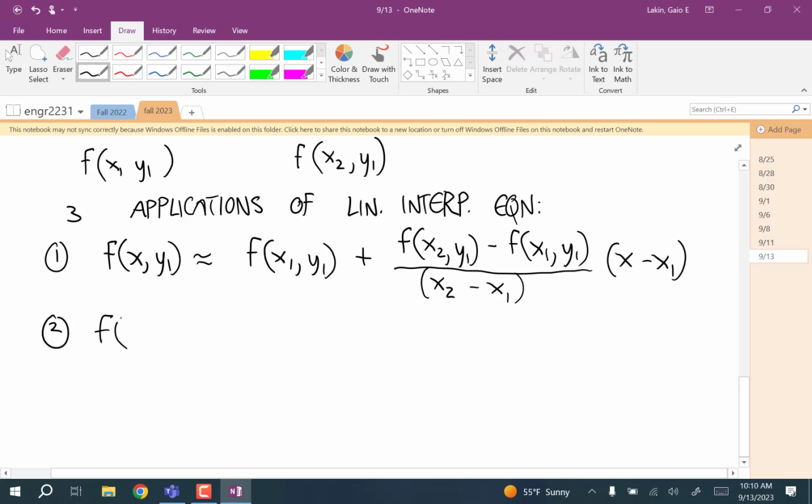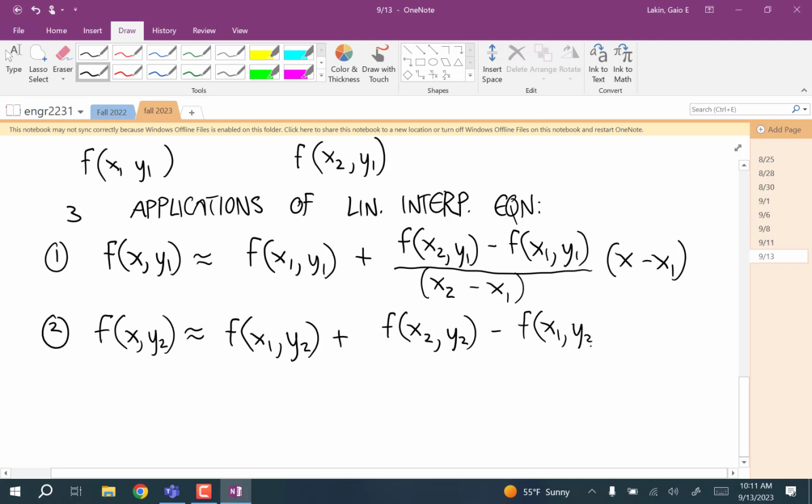So f of x, y2 is f of x1, y2 plus f of x2, y2 minus f of x1, y2 divided by x2 minus x1. And this slope is multiplied by x minus x1.